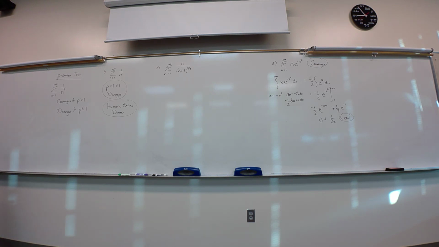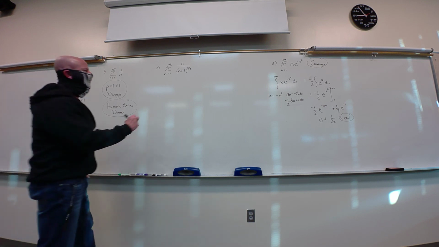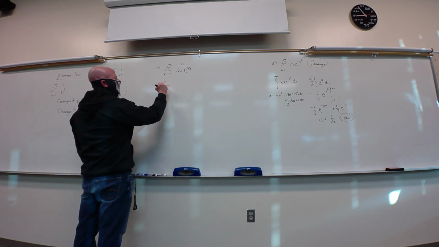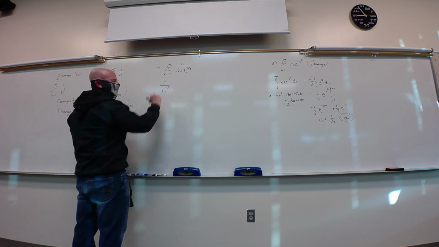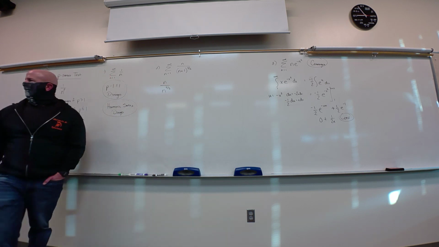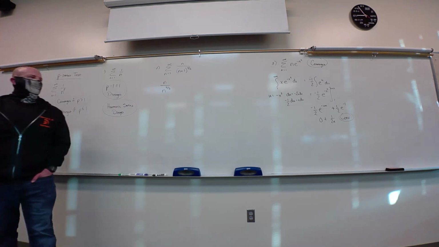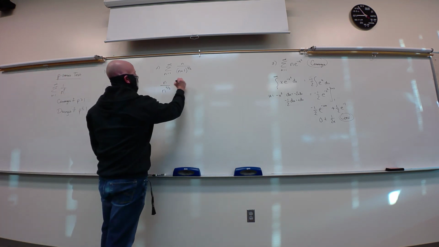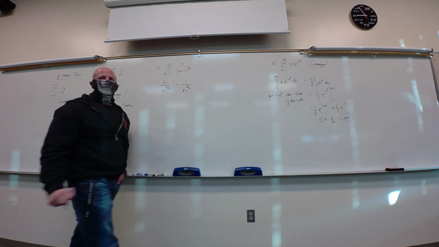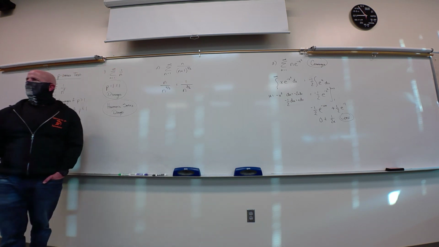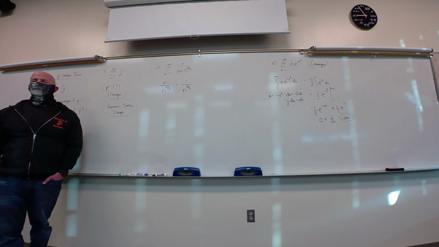No, it's not going to change anything. So what we're really looking at is n over n to the 5/2, right? Plus 1 is not going to change anything, not when we're out there at infinity. Well, this will be the same as 1 over n to the 3/2. Look okay?